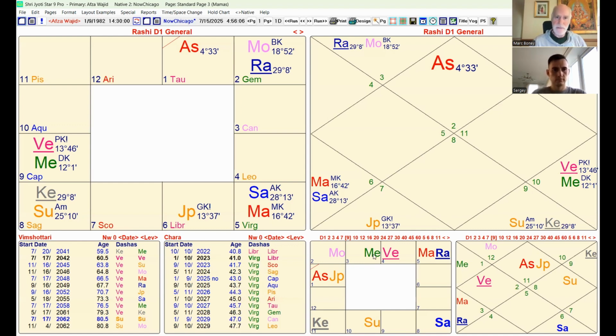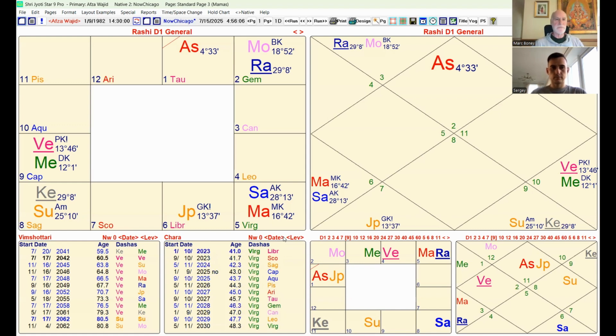And if you look in Navamsha, her Mercury goes to Aries, which is the seventh house from Libra. So I could see that this period could, and it did, bring marriage, and it happened in the sub-period of Libra itself. But then she was going to be in Libra for a while. Well, actually, she moved into Virgo, right?